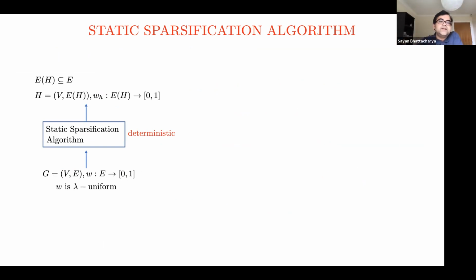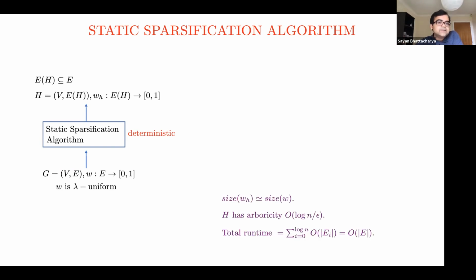Let's quickly give a summary of what we did. We gave a static sparsification algorithm that is deterministic, which outputs a sparse subgraph with small arboricity and which preserves the size of the input fractional matching. So these three things are written down here, and this runs in linear time.